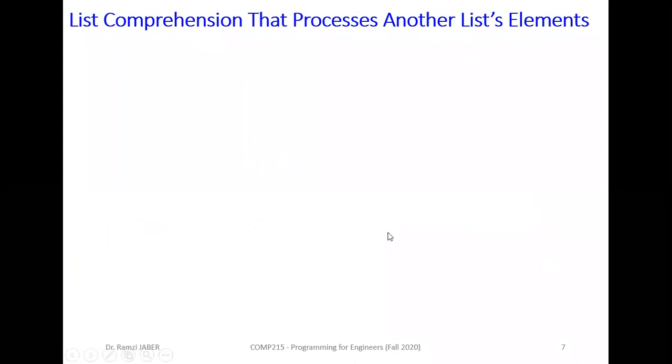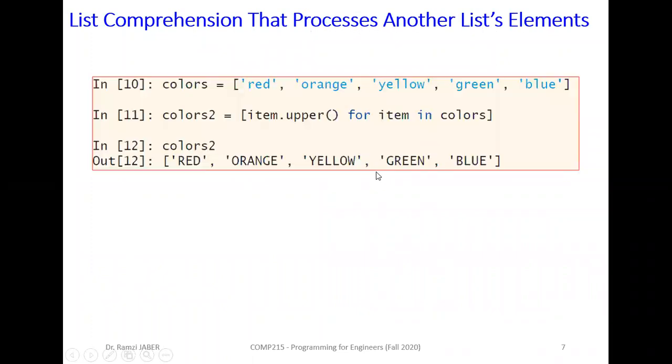Also using list comprehension, processing another list element. Example, if you have this colors list: red, orange, yellow, green, blue, we can create colors2 equal item.upper.